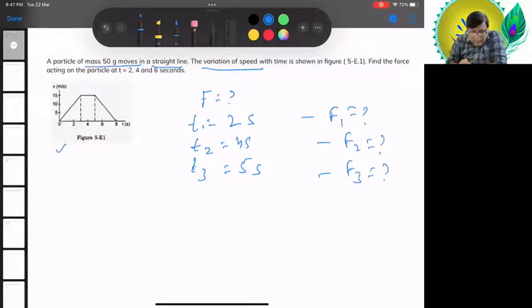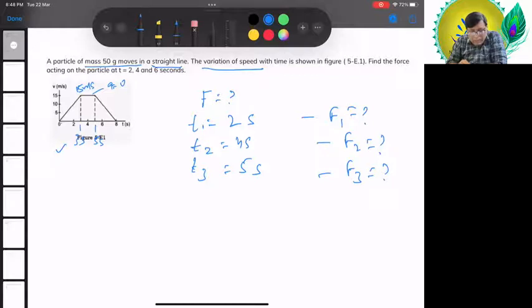We are seeing here that the particle is moving with constant acceleration for time 0 to 3 seconds, because here speed is continuously increasing from 0 to 15 meter per second with uniform acceleration. Then for time 3 second to 5 second, there is no change in speed, so acceleration for this area becomes 0 and speed remains constant.